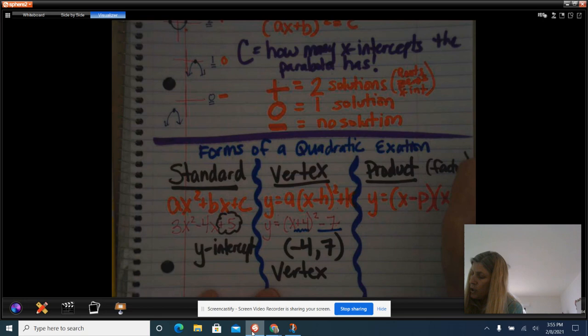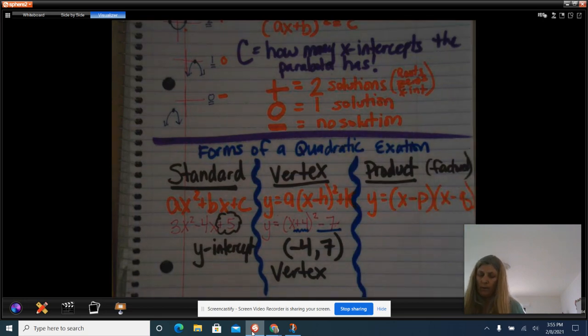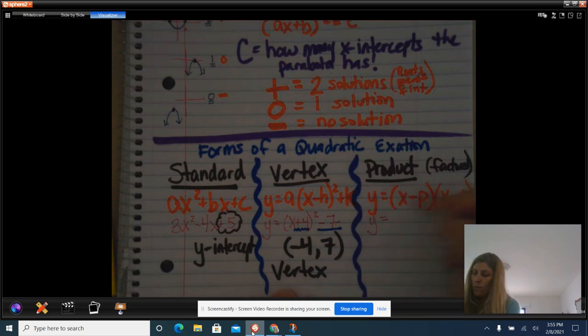times (x minus q). An example of that could be y is equal to (x plus 7) times (2x minus 1).